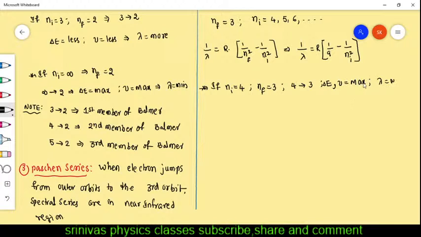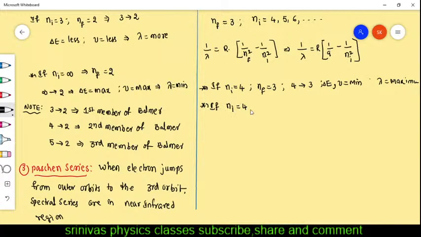Gap is less, so energy release is minimum. Why energy release is minimum? Third, fourth gap is less. That means automatically the energy release is minimum, and energy release is minimum means wavelength will be maximum. Wavelength will be maximum.